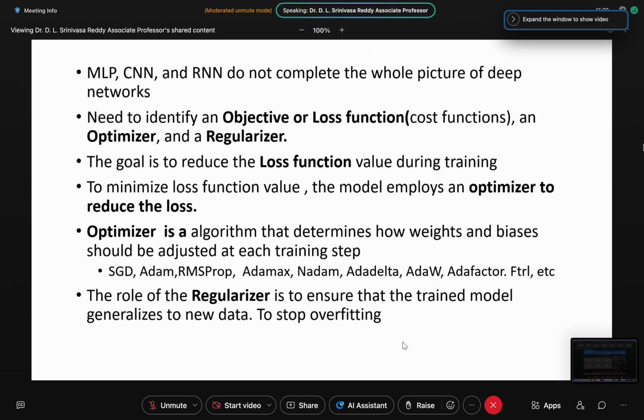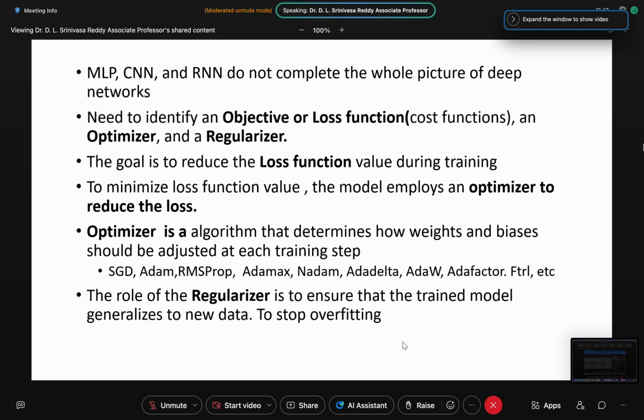How do you get that error to be 0? By adjusting the weights. How do you adjust the weights? These weights are adjusted based on the error values and using the optimizers, so the tuning of your weights depends on hyperparameters.